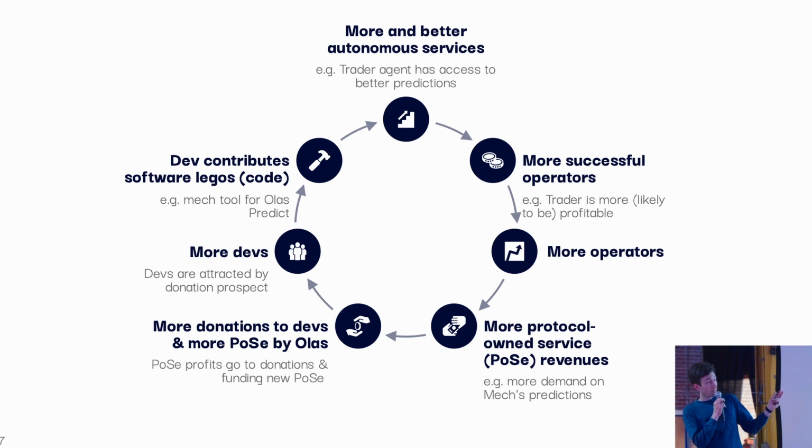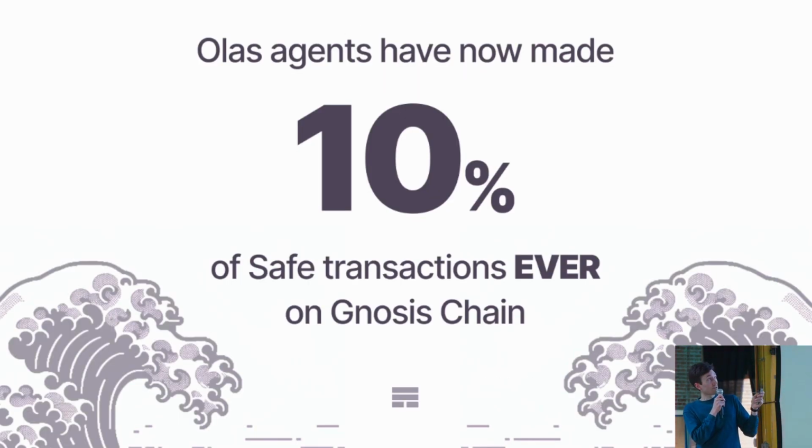But more generally, Olas has this whole design to encourage a flywheel whereby developers, those building the agents, operators, those running the agents, and so-called service or system owners who coordinate different agents, that could be a DAO, that could be a single person, can come together and bootstrap these agent-based use cases. And we've been rather successful so far. On Gnosis chain alone, we hit this milestone last week where over 10% of lifetime Safe transactions were done by these kinds of systems. And currently we're hitting around 70% of Safe transactions a day.